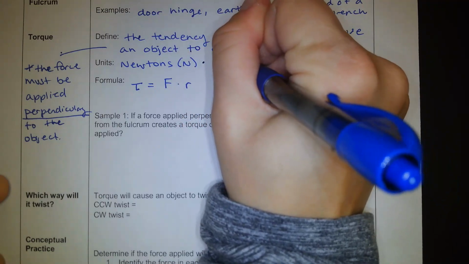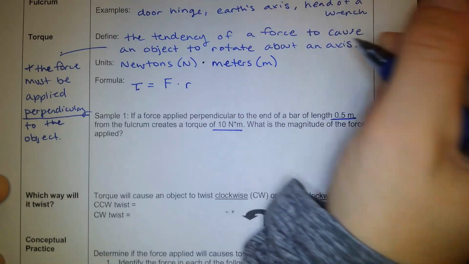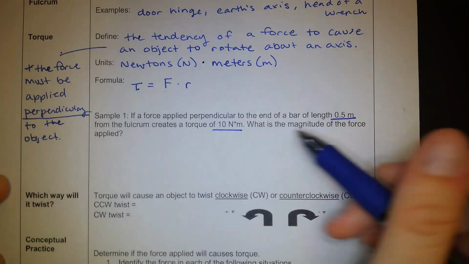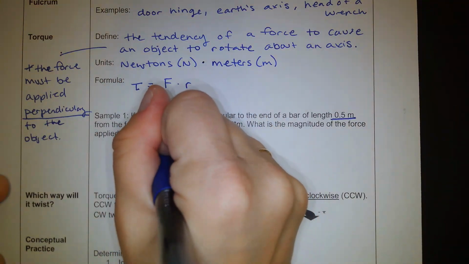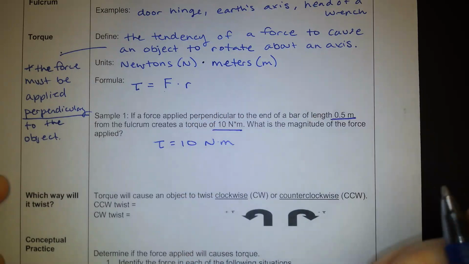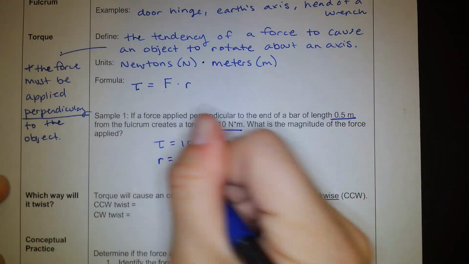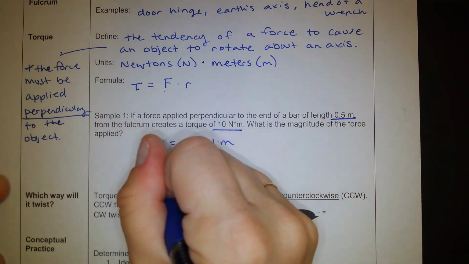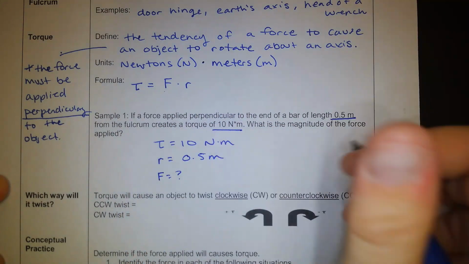I forgot, because it's the force times the radius. What is the magnitude of the force applied? So we're given torque, 10 Newton meters. We're given the length, which is going to be our radius, of 0.5 meters, and we're solving for force.